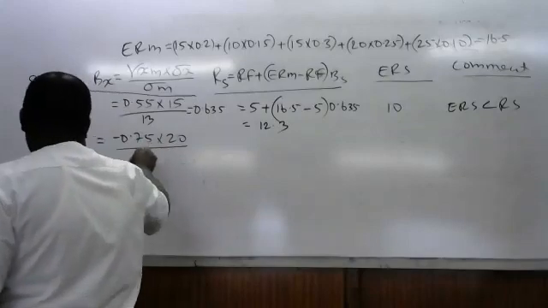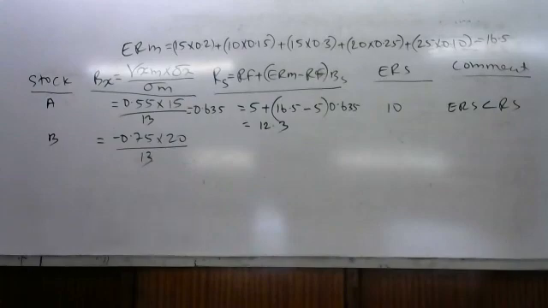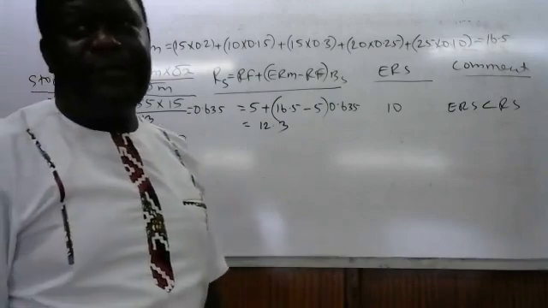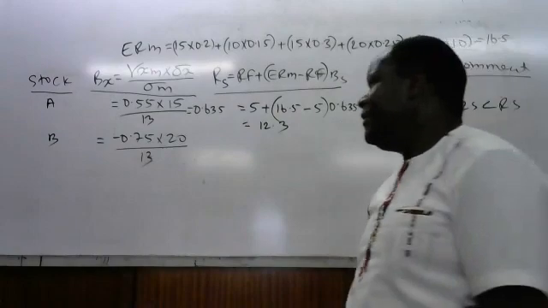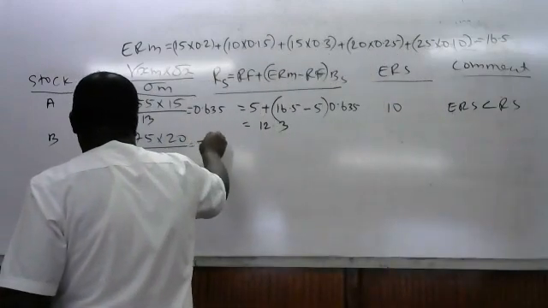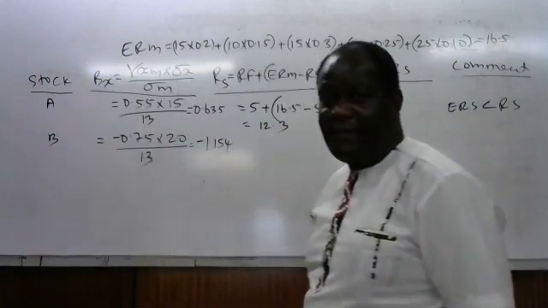So that gives a beta factor of which value? Negative 1.154.